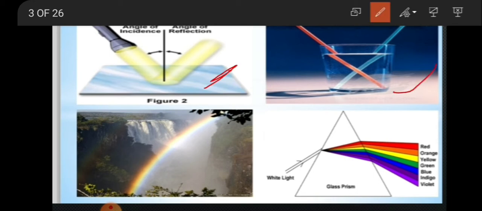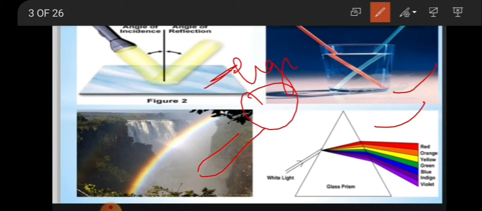This is on the basis of refraction, where we can see the apparent length of any pencils or tubes. This is the rainbow due to refraction, and this is dispersion, all phenomena based upon light.